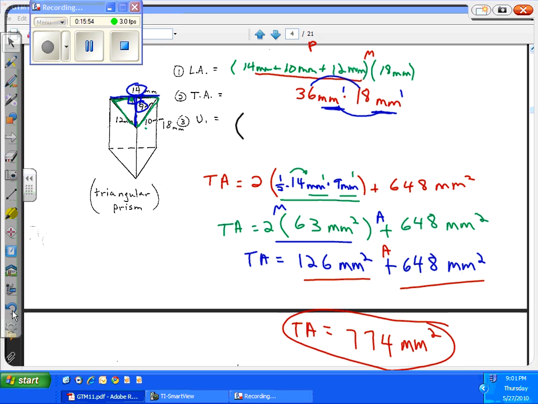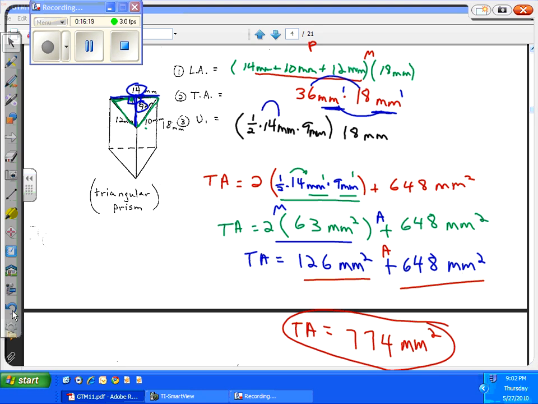Volume is area of bottom times height of prism. And the area of the bottom again was 1/2 times its base 14 millimeter times its height 9 millimeter. So we take area of the bottom and then we fill it up by multiplying by the height. Now this is all multiplication.